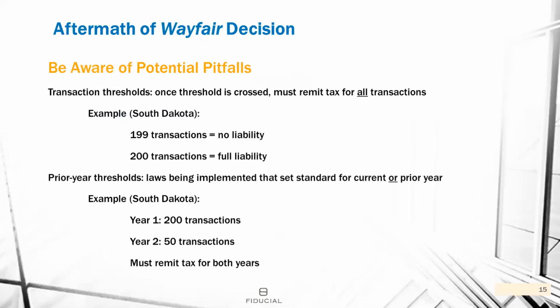In year 2, supposing you only had 50 transactions going into the state of South Dakota, you might think initially, oh, I'm under the threshold, so I don't have to remit sales tax. Well, that's not true, because the South Dakota law says that if you had 200 transactions in the current or prior year, then you have to remit sales tax. So under this example, you would still have to remit sales tax for those 50 transactions in year 2, even though it was under 200.